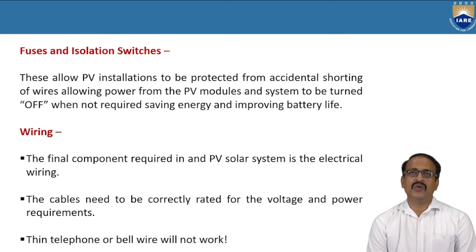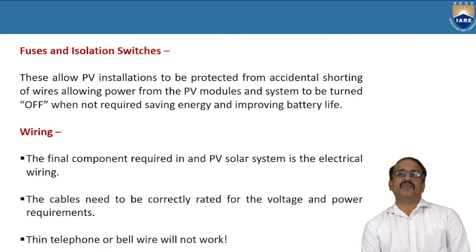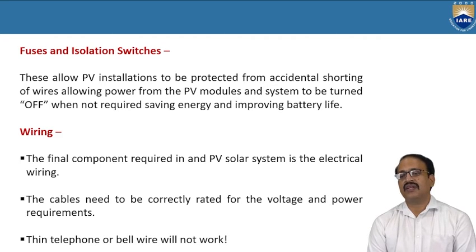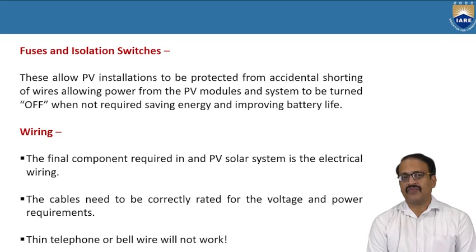They allow the PV installation to be protected from accidental shorting of wires, and allow power from PV modules and the system to be turned off when not required, saving energy. So we can just switch off, and sometimes they isolate from the high power.